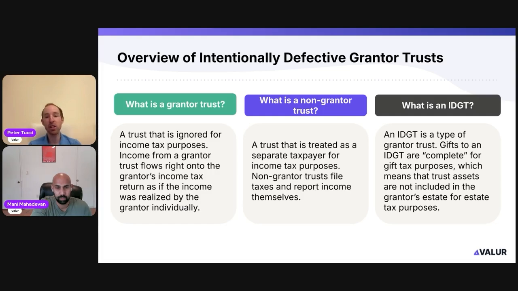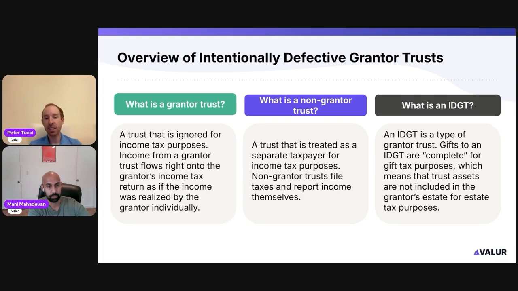So when you make a gift to an IDGT, it's outside of your estate. It's separate for gift and estate tax purposes, but it's still treated like a grantor trust for income tax purposes. It's still reporting its income on your personal 1040. You're still paying the taxes on it. So it's disregarded for income tax purposes, but not for other purposes.